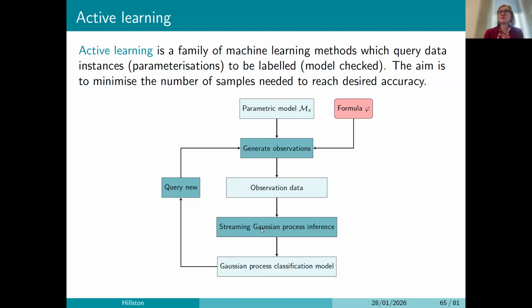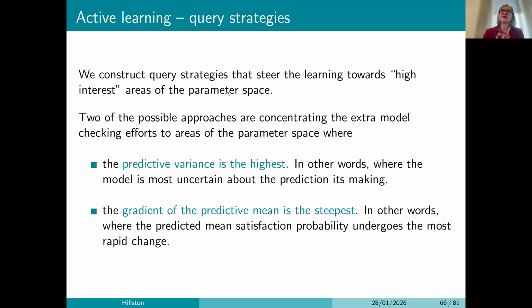We're using the streamed Gaussian process inference to give us that smooth view, and the classification process to guide us through that with active learning. So we construct our query strategy towards the high interest areas. Where are we going to get more information about that surface, rather than just uniformly using inducing points over the whole surface? There are two different ways that we can do it.